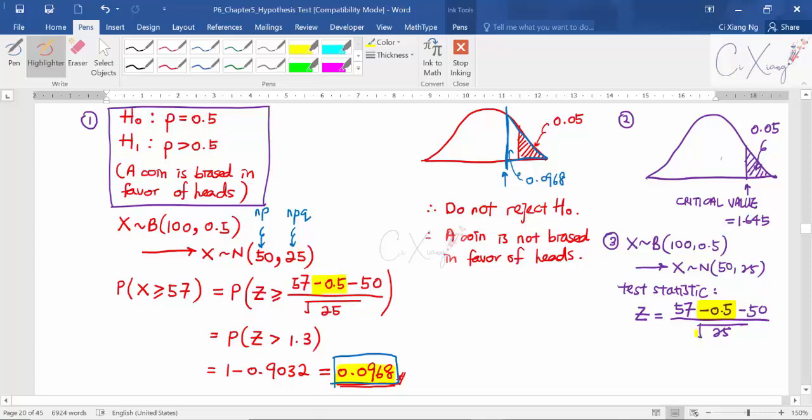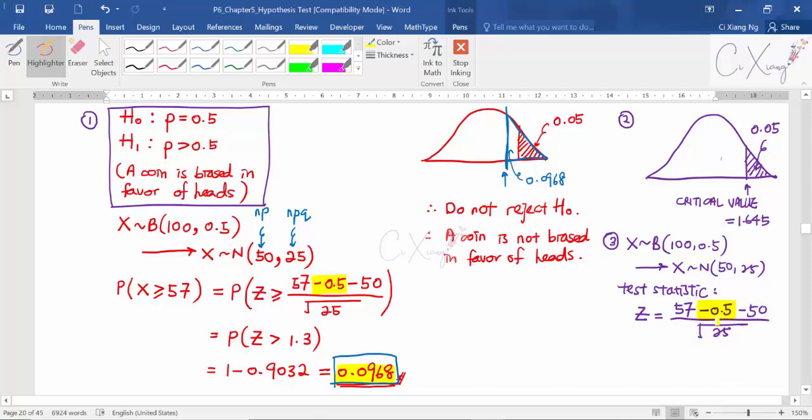But if you want to use the critical value to run the test, this is the problem, because I don't have any sign here. I have an equal sign, but the equal sign doesn't help you to decide what your continuity correction is. Is it greater or smaller, or is it minus or plus? So this is a problem that we have.